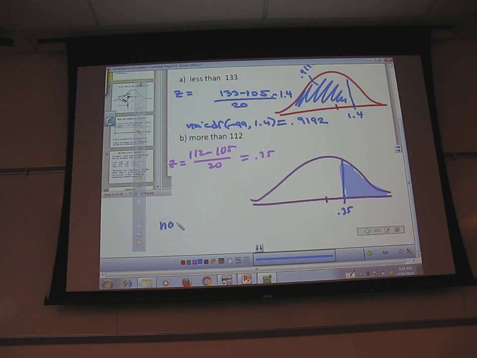And then I need the area, so it's going to be normal CDF. If I go way out, this would be infinity, I don't know, 80, 84, any large number, doesn't matter. 0.35, comma, 84. And what did you guys get for this?